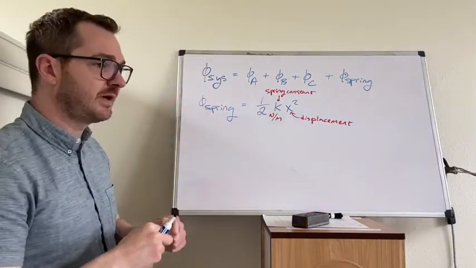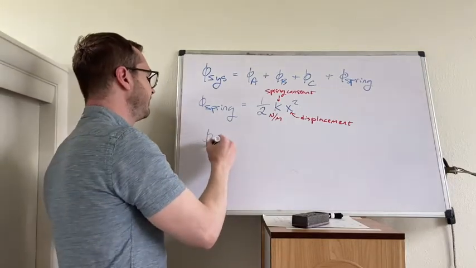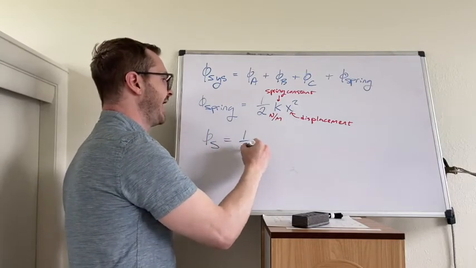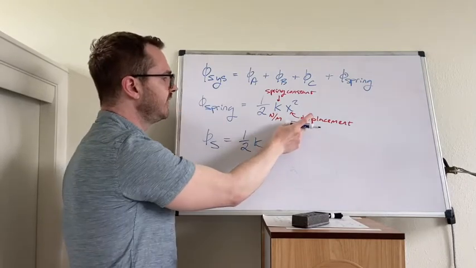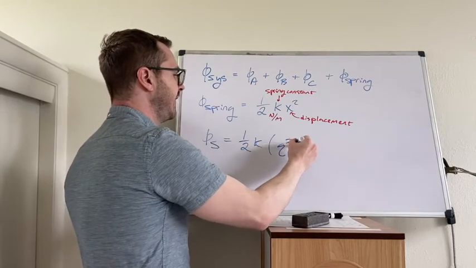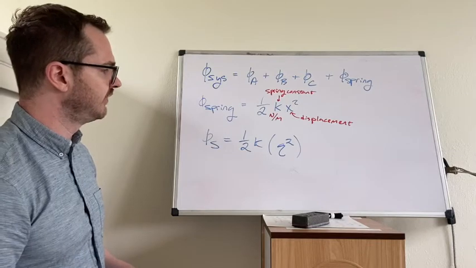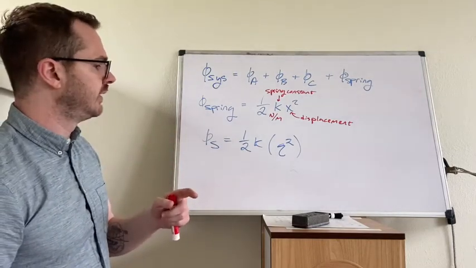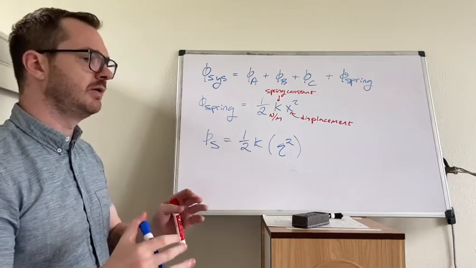So in this particular problem, what is all of this going to come out to be? I'm just going to say phi sub s, so phi of the spring, it is 1/2 K, K is whatever K is, and then we need this displacement. So we could write it as Q squared, and that's how much the block is displaced. What if the spring has a certain length unloaded?